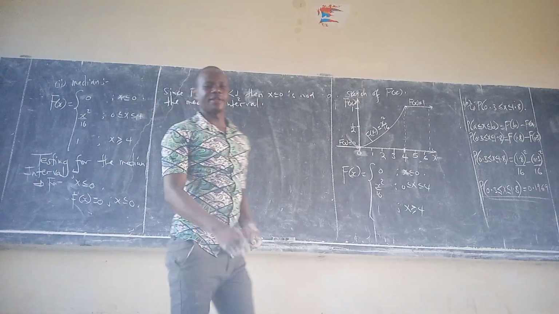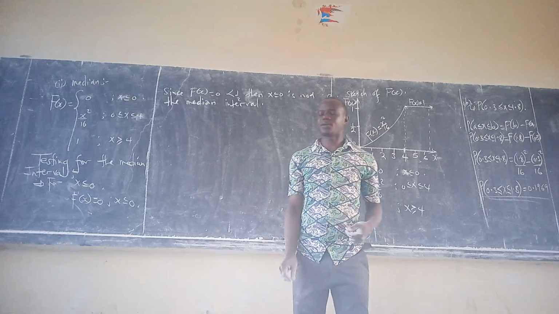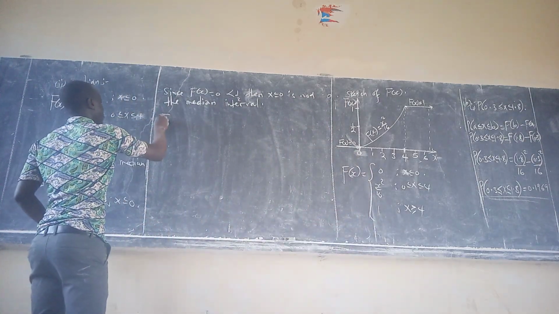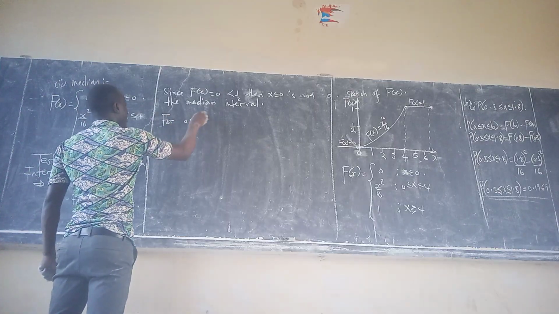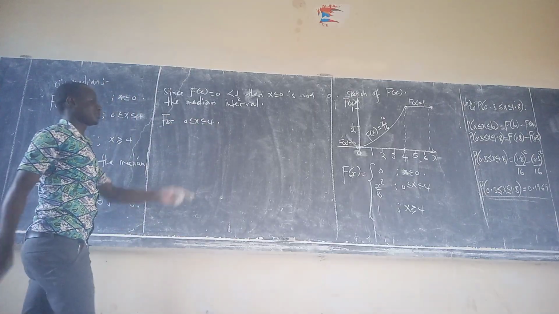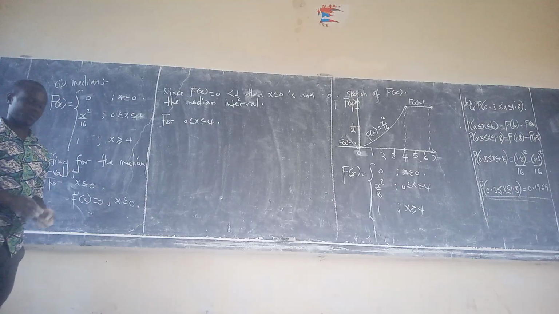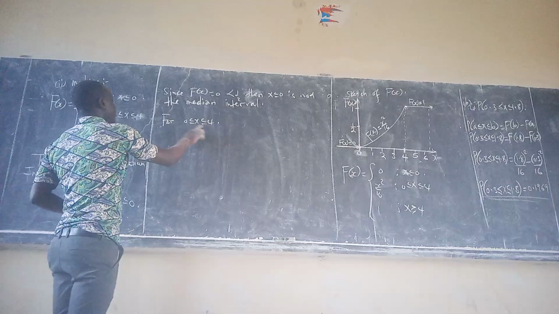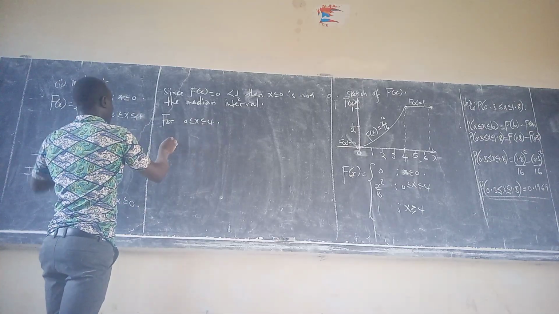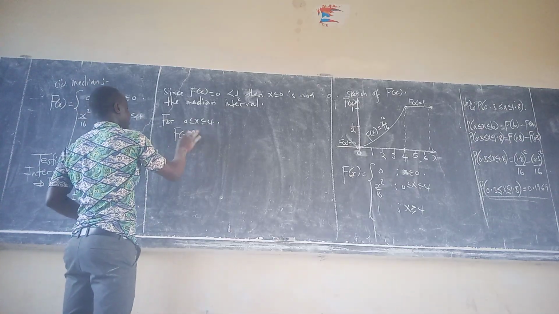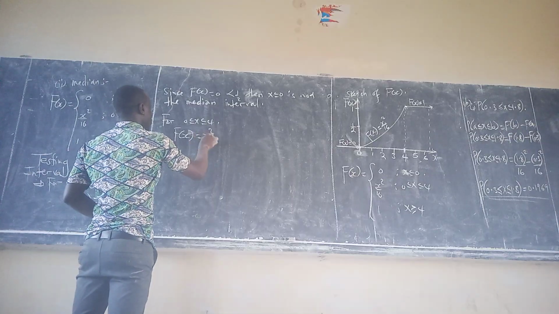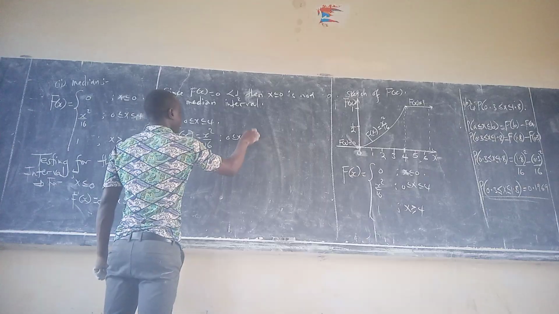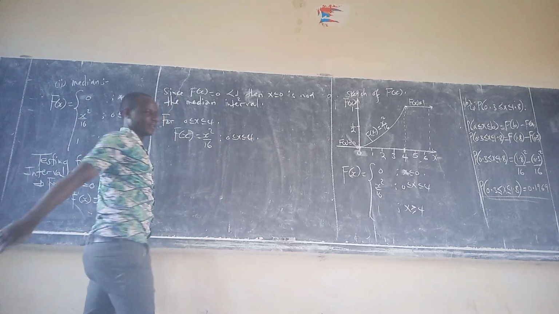After inspecting the first one, we go for the second one. Our second interval is this. So I am testing whether 0 is less or equal to x less or equal to 4 is the median interval. Our capital F of x in this interval is x squared over 16, when x lies between 0 and 4.